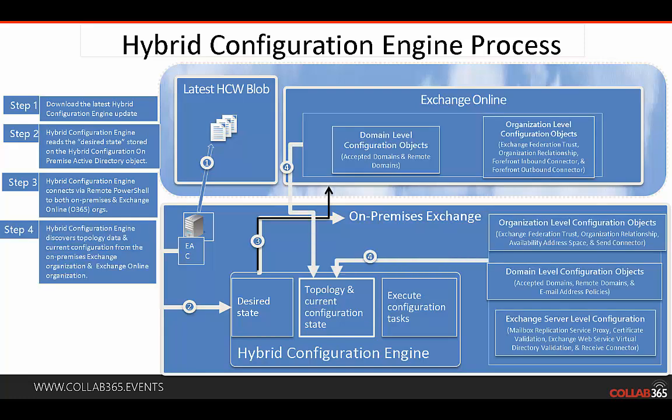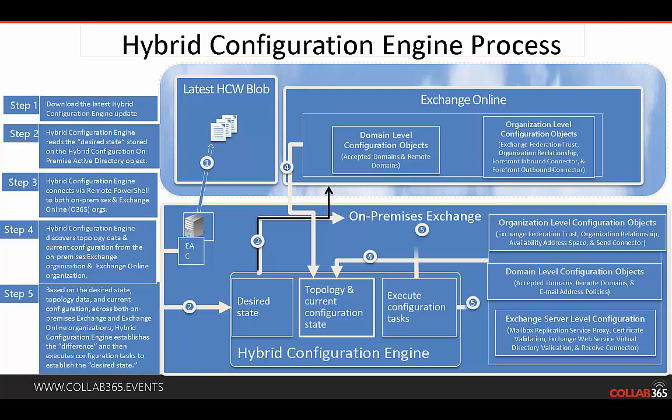Then the Hybrid Configuration Engine discovers topology data and current configuration from the on-premises Exchange organization and the Exchange Online organization. So it detects that, and based on the current configuration, the fifth step happens. Based on the desired state, topology and current configuration across both on-premises and Exchange Online, the Hybrid Configuration Engine establishes the difference, then executes configuration tasks to establish the desired state.